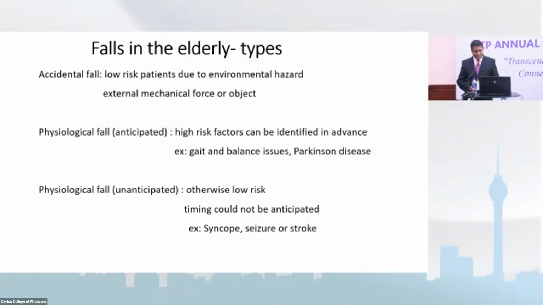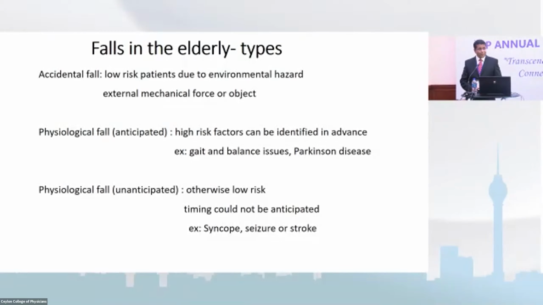As well as that, elderly patients who are fit, robust, non-frail are low risk, but unexpectedly they can develop falls like syncopal attacks, seizures, strokes, or any acute illness which leads to falls in elderly.